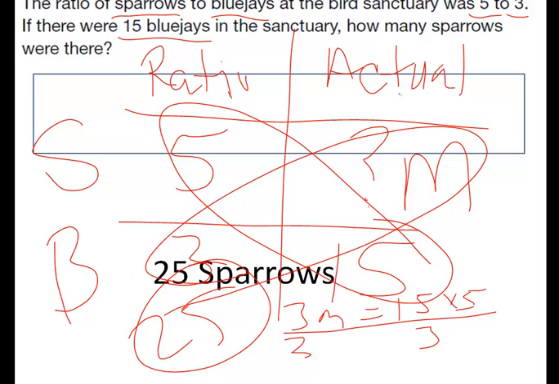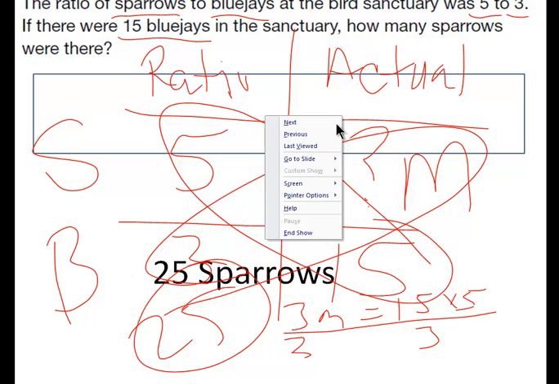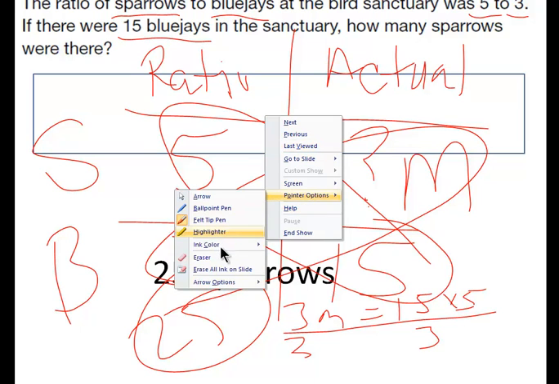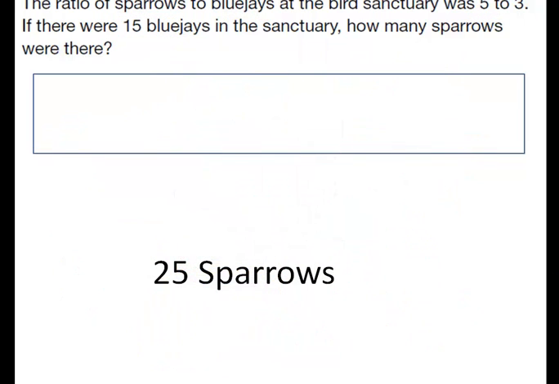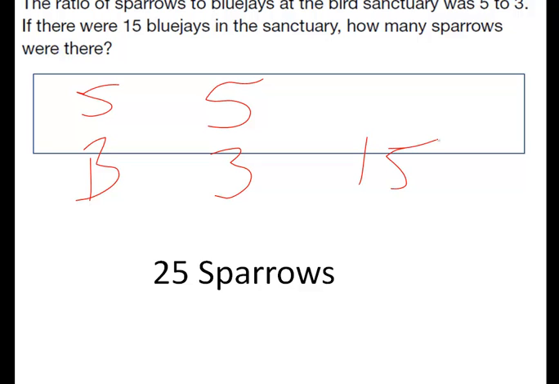It's a little, don't confuse it with some of the other stuff we've done. For example, we could very easily ask for a ratio. If you had five sparrows and 3 blue jays, if the ratio is 5 to 3, and you had 15 blue jays, they might say, what's the percentage of the birds that are sparrows?